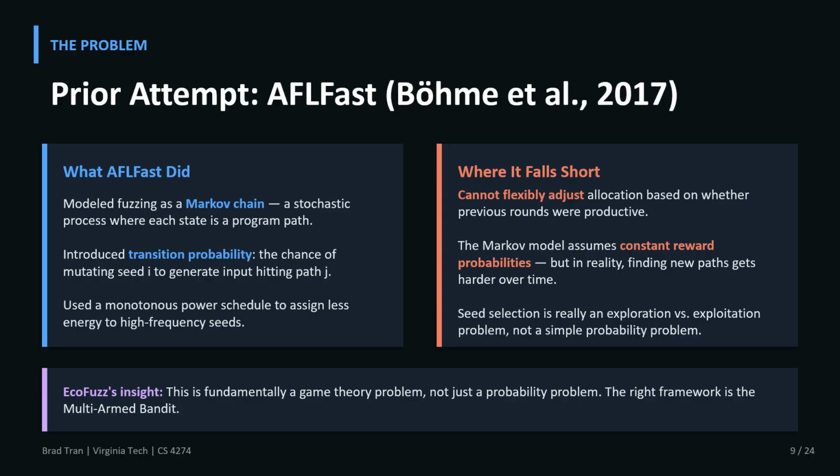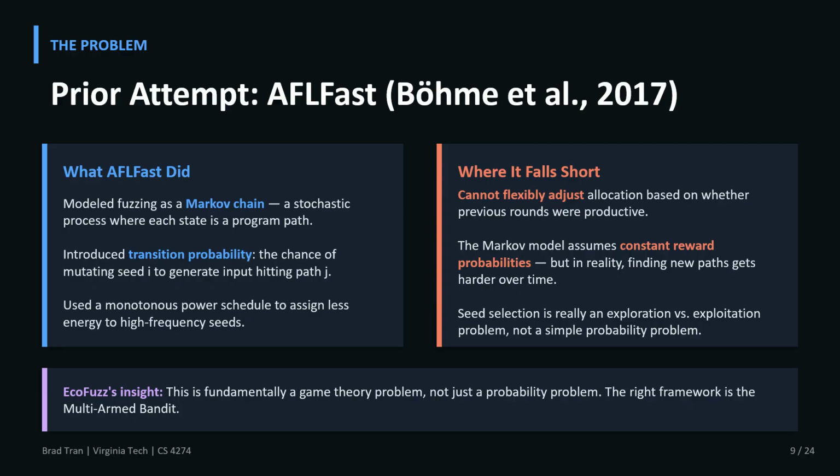But AFLFast had limitations. Its schedule is monotonous. It always adjusts in one direction and can't react to whether its allocations are actually being used efficiently. The Markov chain model also assumes constant transition probabilities, but in reality, the probability of finding new paths decreases over time as the fuzzer explores more of the program.